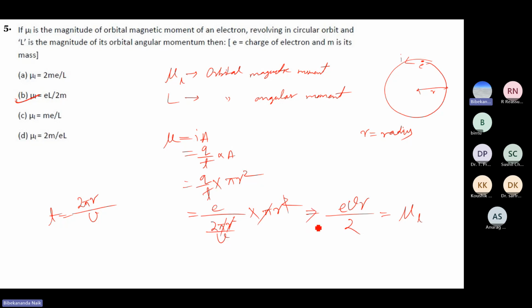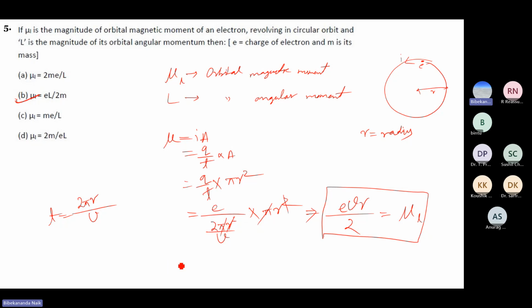So when an electron is revolving in a circular orbit, the magnetic moment it will produce will be EVR by 2, where V is the speed of the electron in that orbit and R is the radius of that orbit. Now here L is also given. L is the magnitude of its orbital angular momentum.